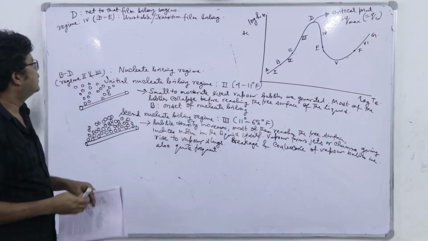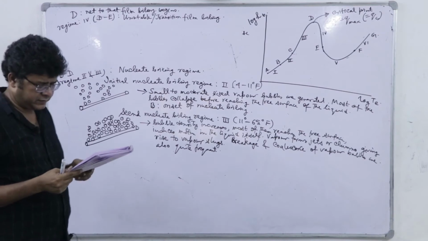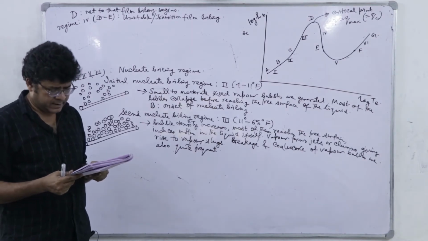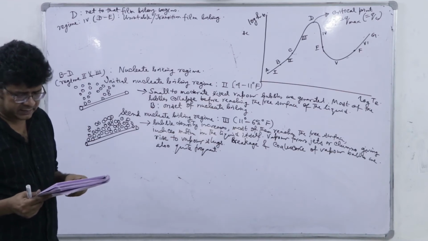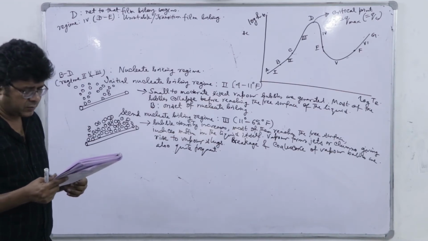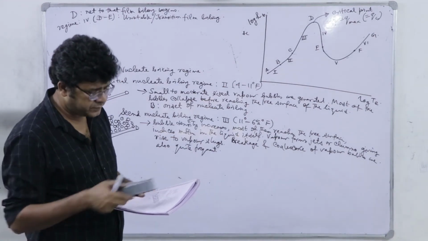Right. So, you see that in this region, what are the characteristics? The mode of boiling changes from nucleate to film, and here the bubbles are formed in so large number that they coalesce right on the heating surface, as I mentioned, to form a film of vapor.